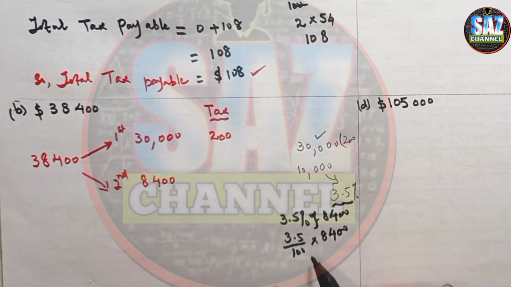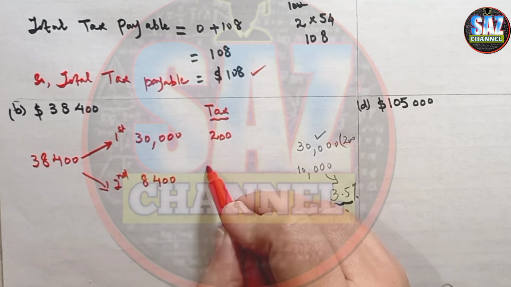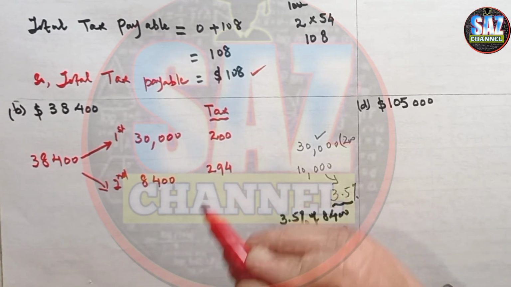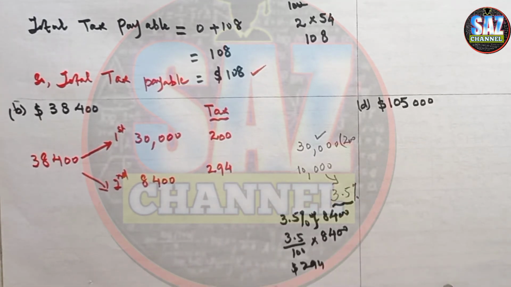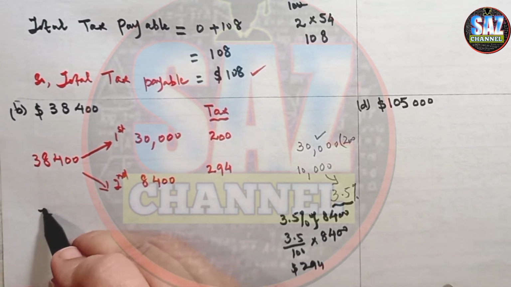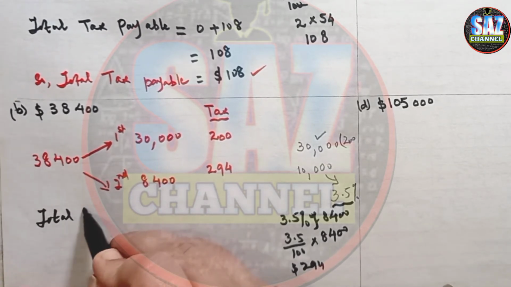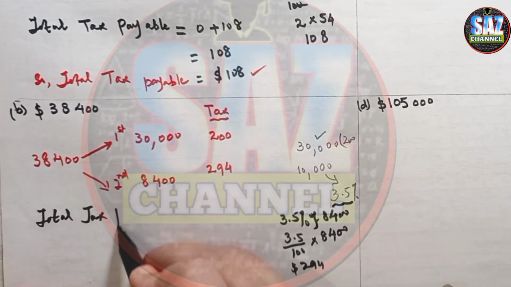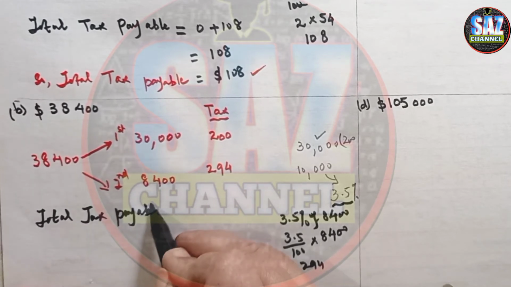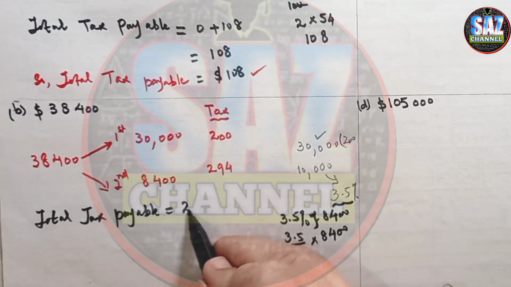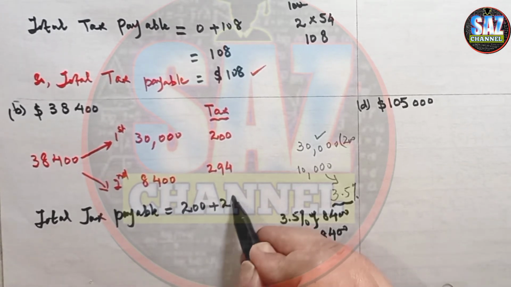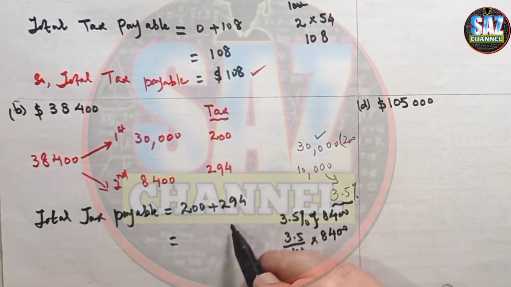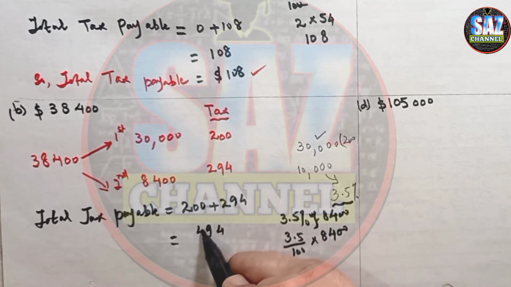So what I have to do, I have to write over here, and then I have to write the value in front of that slab as well. 294. So the total tax payable will be equal to 200 plus 294, and that will give me 494.